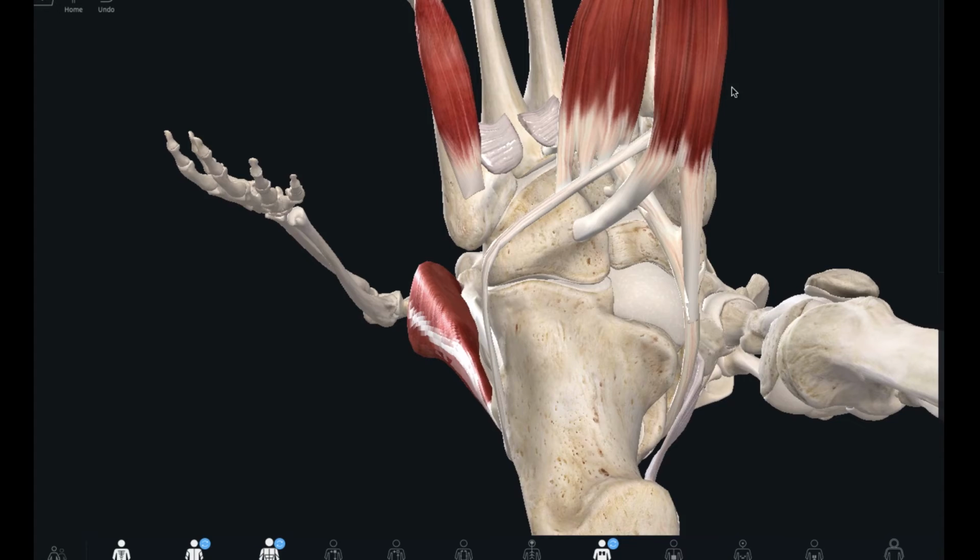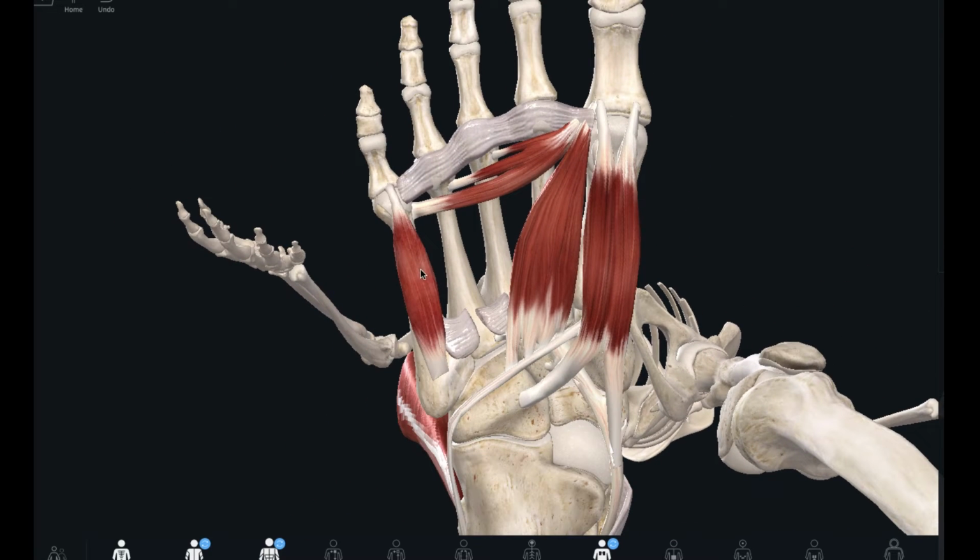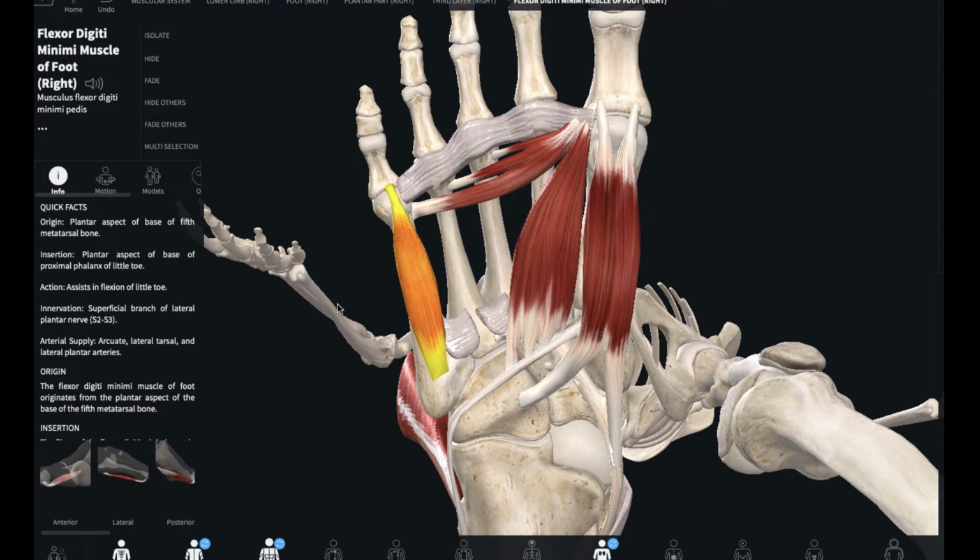All right, so to recap, flexor digiti minimi originates on the plantar aspect of the base of the fifth metatarsal and inserts to the base of the proximal phalanx of the fifth digit.